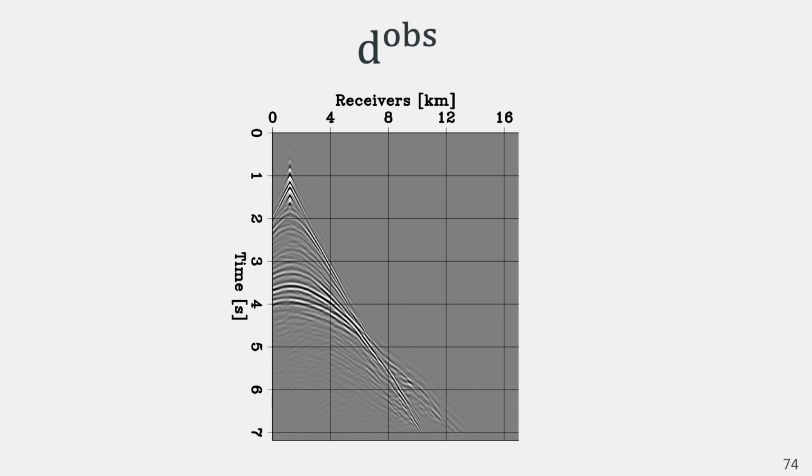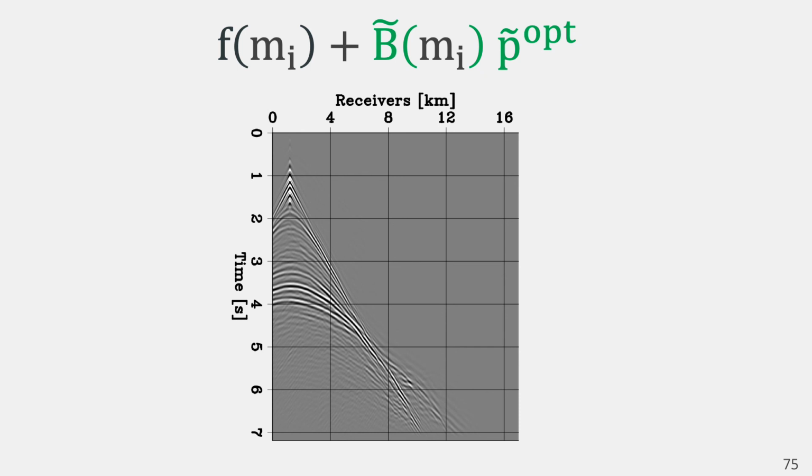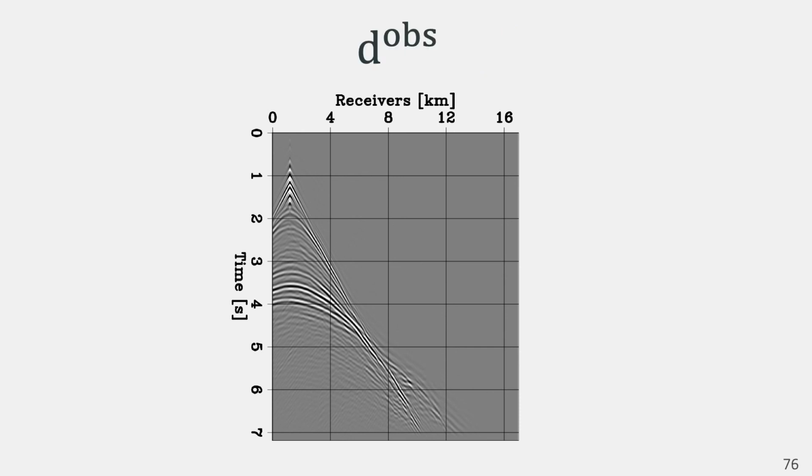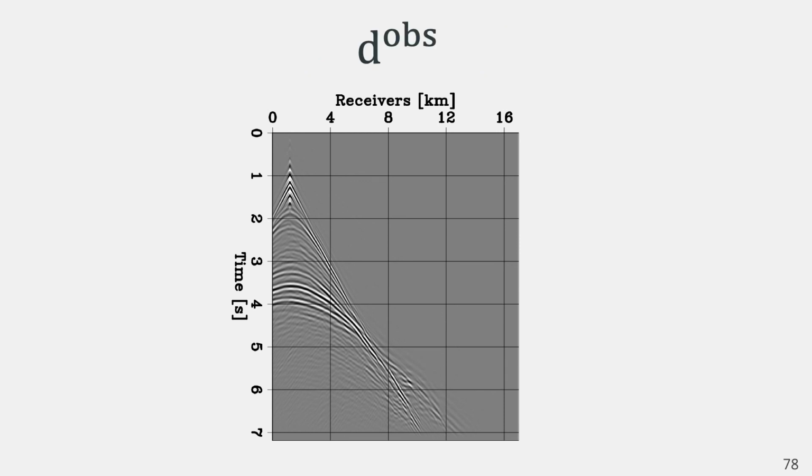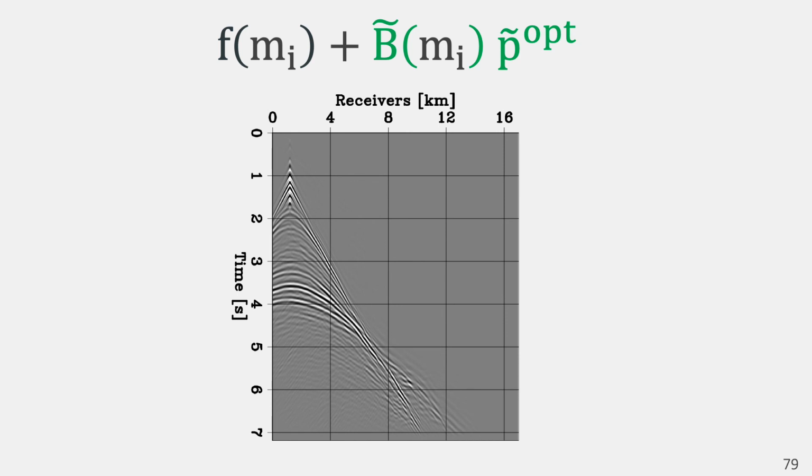And this is d observed plotted on the same grayscale. Let me now flip back and forth between the two panels to better compare. We observe a very accurate match that could even be further improved up to numerical precision by iterating longer in the variable projection step.